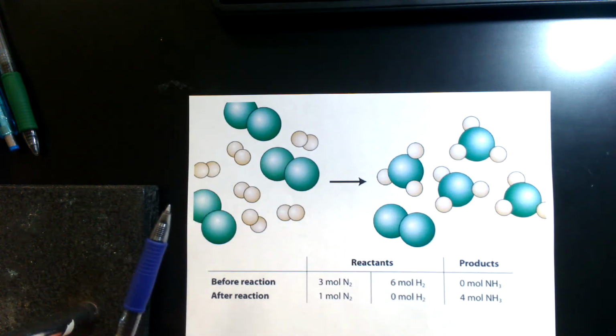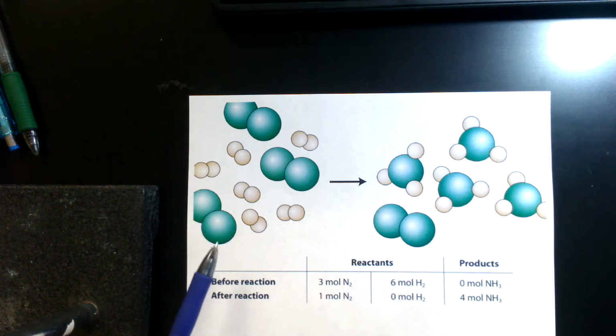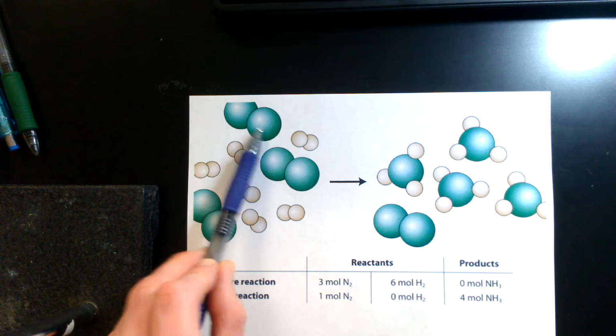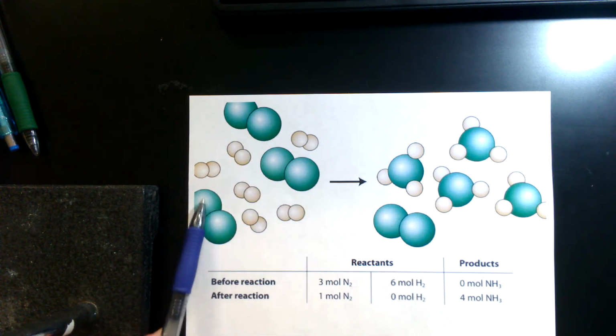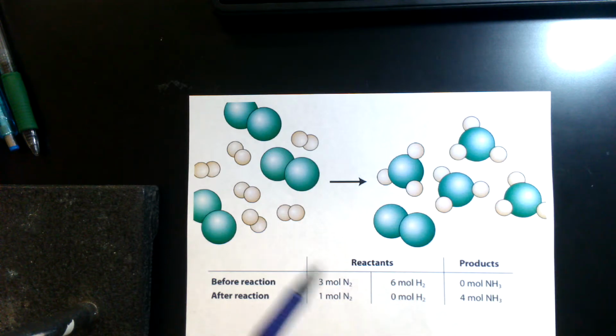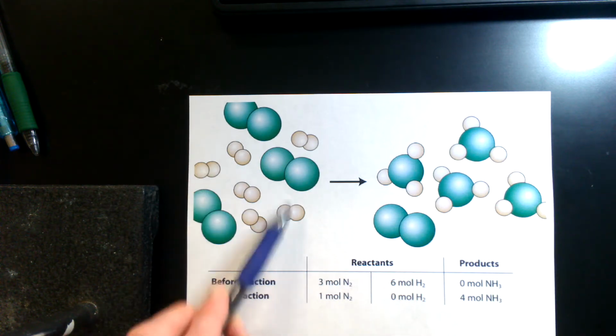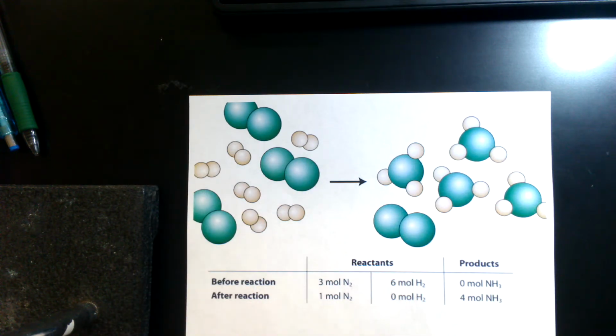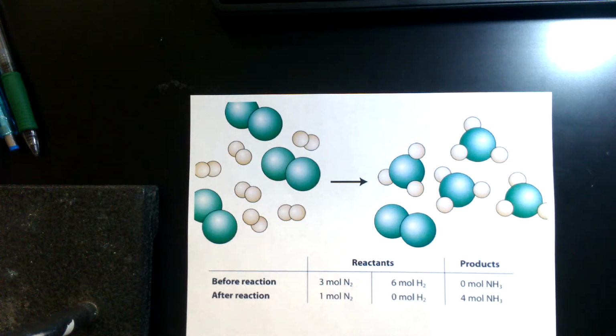We've got the nitrogen represented here in the green. Notice there are 3 molecules of the nitrogen gas, and there are 1, 2, 3, 4, 5, 6 molecules of the hydrogen gas before the reaction begins.